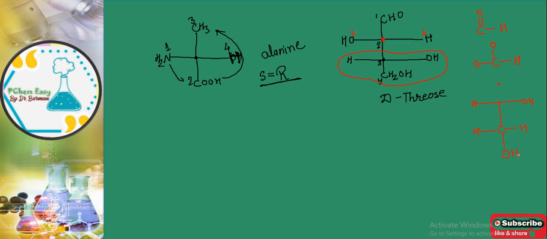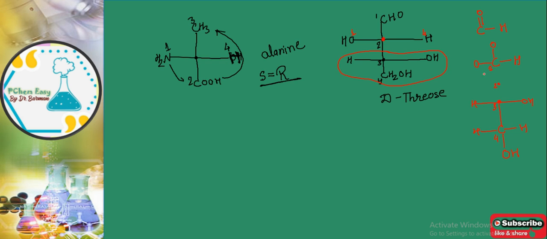We have to find the point of difference. So carbon number 4, carbon number 3, carbon number 1, this is what we are talking about. Now we have to compare. As rule number 2 says, if two similar atoms are attached, carbon here and carbon here, we have to move to the next one.